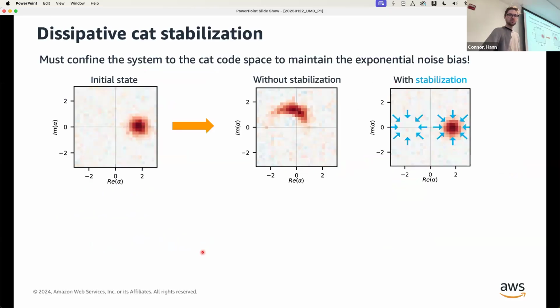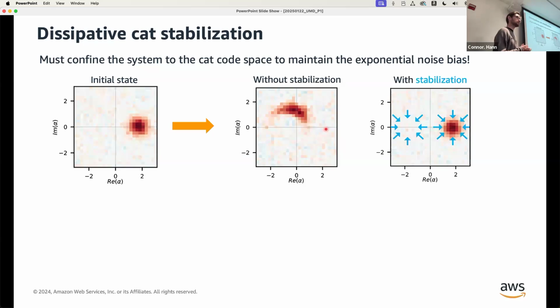So it's important to say that this exponential suppression of errors or exponential noise bias doesn't just come about for free. We do have to do a little bit of work to achieve it in experiment. What I mean by that is if I just initialize some bosonic mode in a coherent state, here I'm showing data from our actual experiment, and I just let it freely evolve doing nothing, what you would find is that errors and imperfections in the system would distort that state, warp it, move it out of the code space.